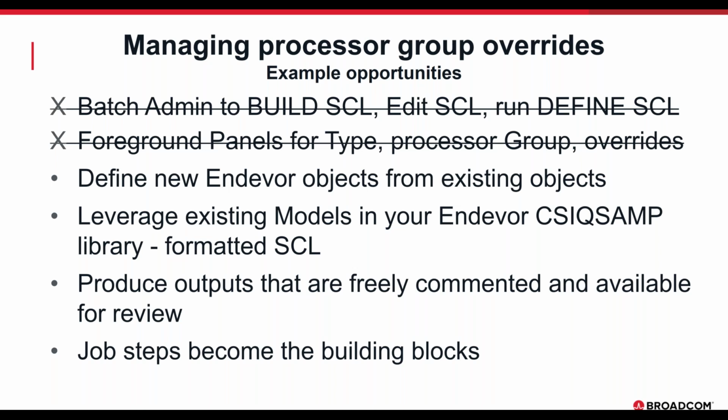For example, if you see a processor group and you want to create a new processor group everywhere that you see an existing one, that is an appropriate thing to do. You can create new processor groups, new types, new systems, new Endevor objects of any kind. The models that are provided with Endevor are in the CSIQ sample library.